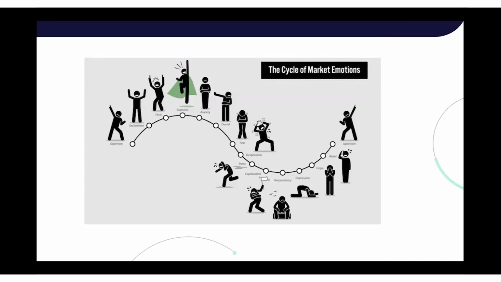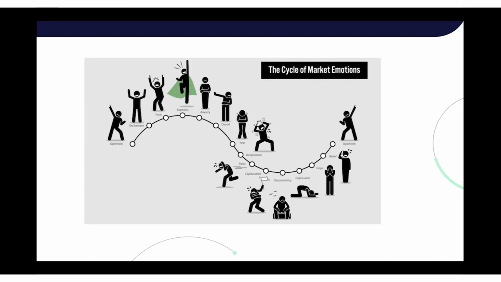First of all, I want to show you the cycle of market emotion that you can see here. There are two emotions in the market. First is fear, and the next one is greed. You can see in MetaTrader there is also an index for fear and greed. These things happen many times. For example, consider you open a trade today and you are profitable.